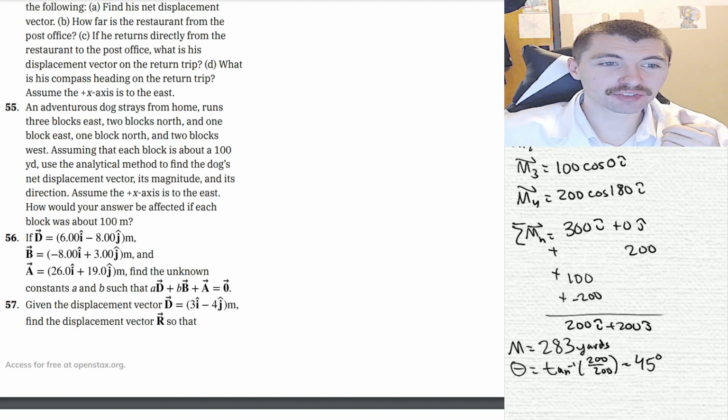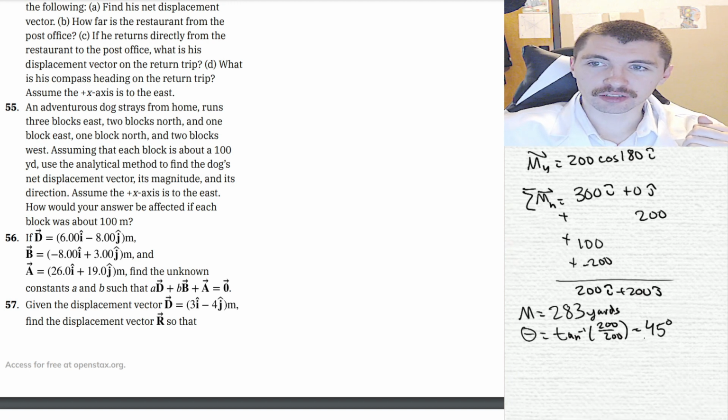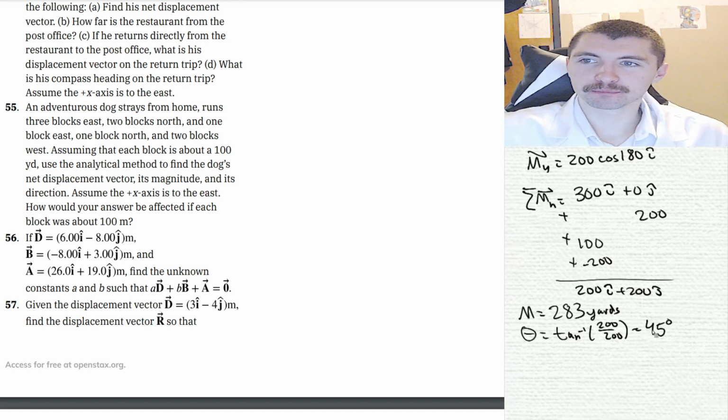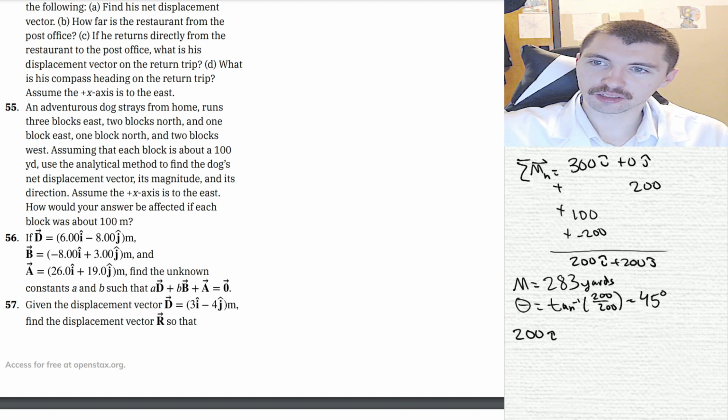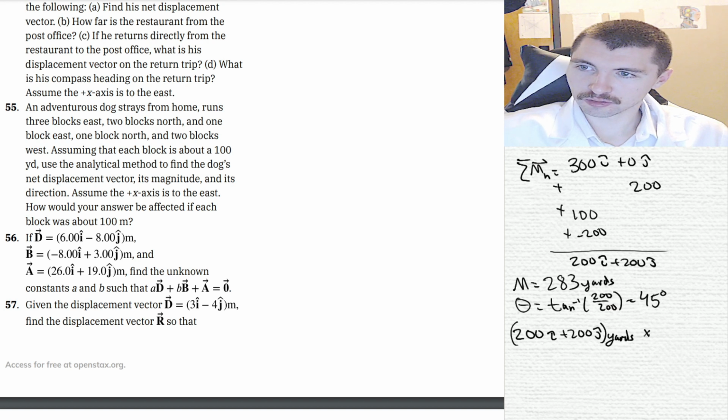How would your answer be affected if each block is 100 meters? Okay, so we want to do 200i yards times how many yards are in a meter.